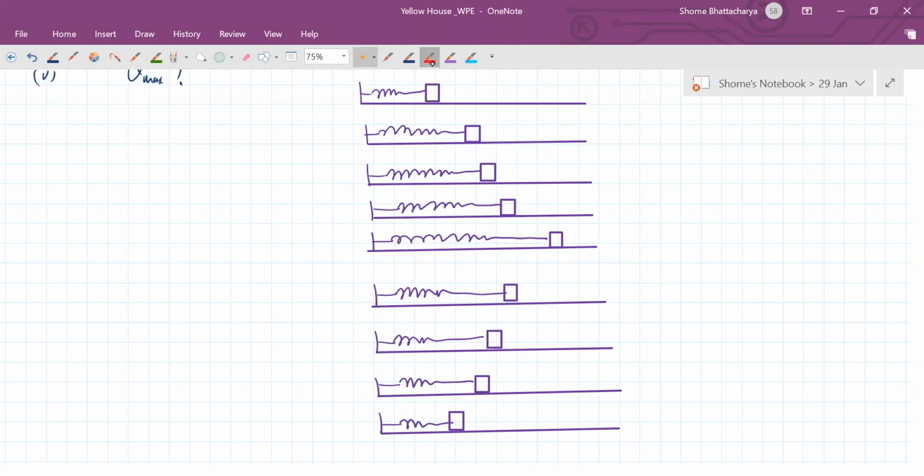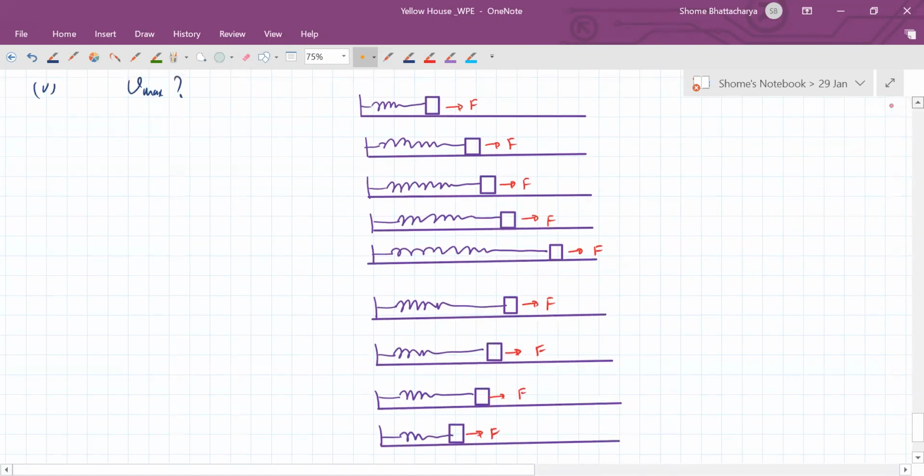Okay, now all this while we are continuously applying the external force. So we'll understand the whole motion actually, not just this thing.